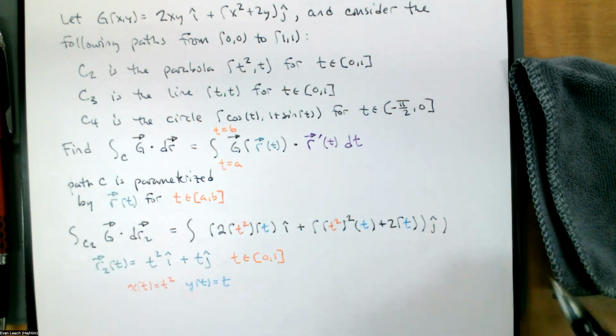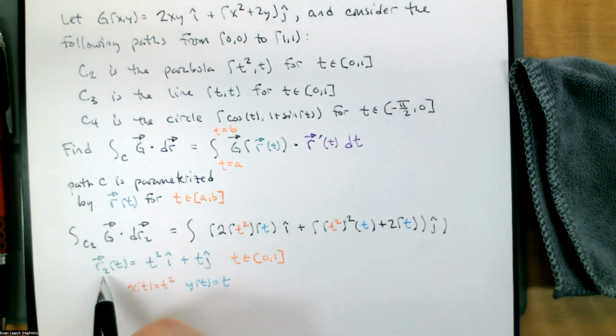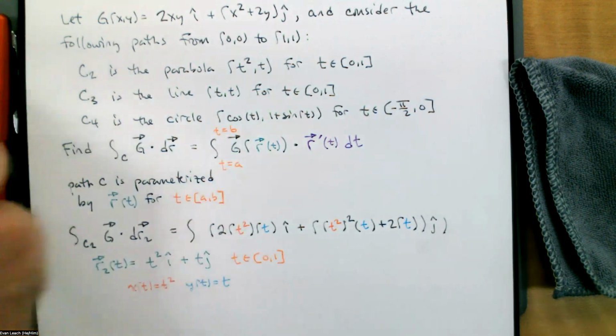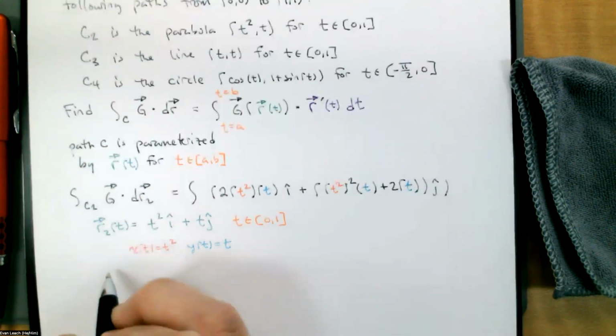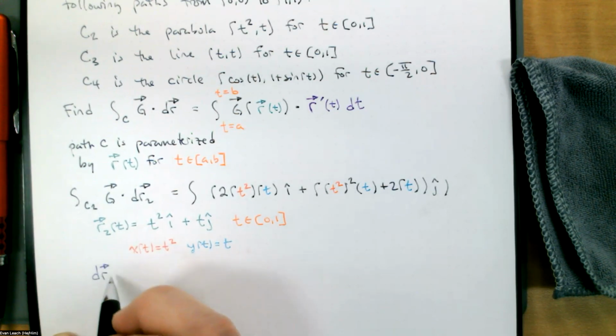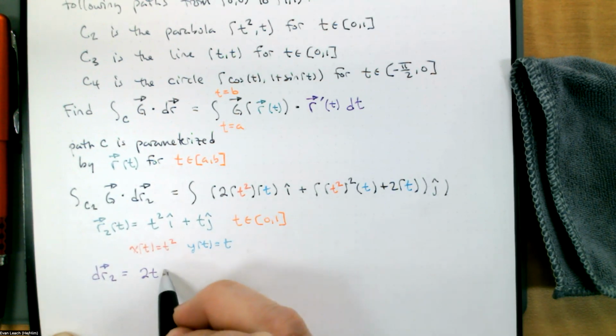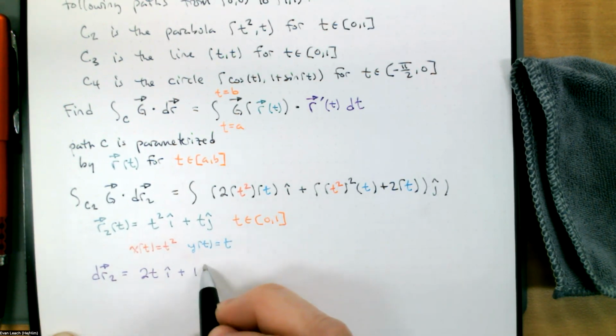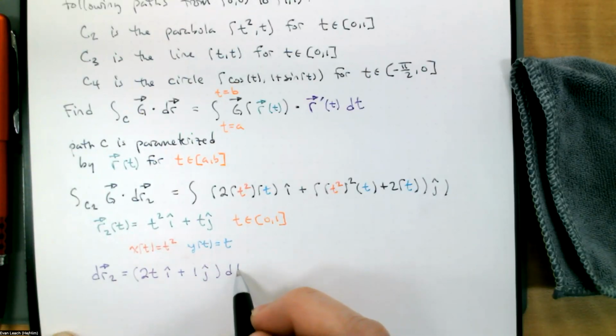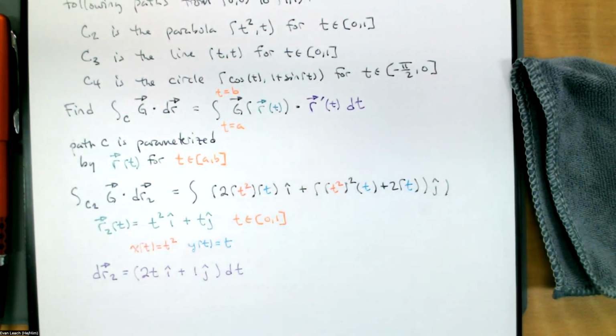Now I need the dot product of this with r prime of t. So if r2 of t is t squared i plus t times j, our dr will be just the derivative. So 2t times i plus 1 times j, and all this multiplied by dt. The question is, it's a dot product, so how much of one vector is going in the direction of the other vector? How do these two vectors combine for this direction that the path is taking?